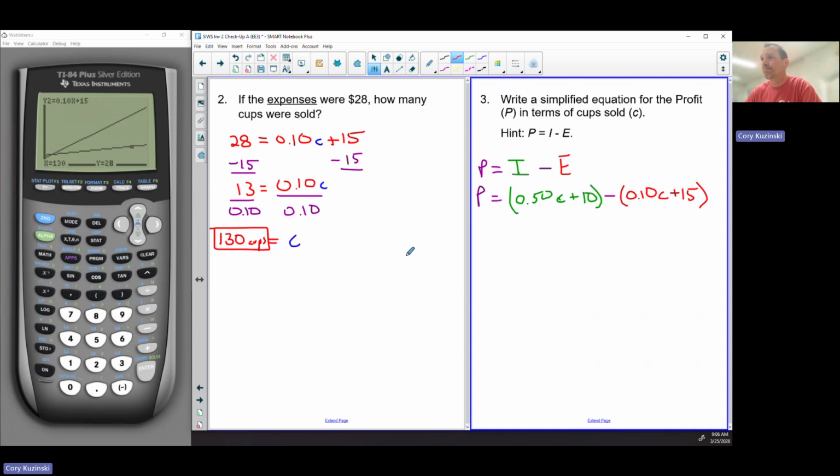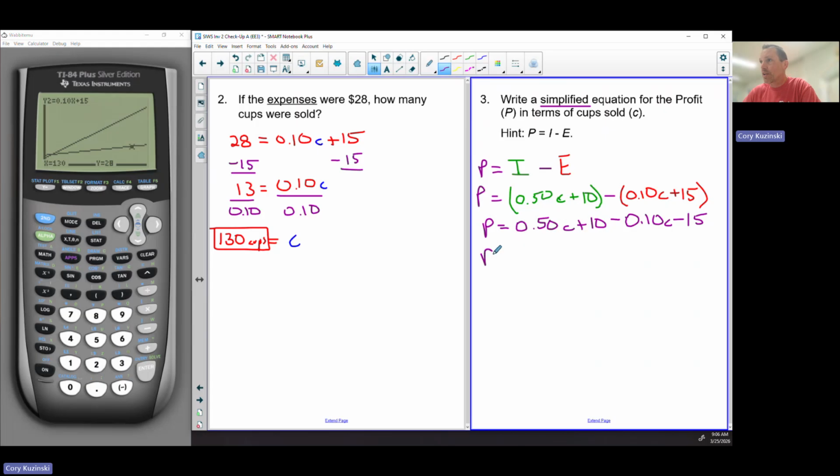We just have to simplify it though. So let's do some distributive property. Nothing changes in this first expression, but we need to subtract the 10 cents per cup that each cup costs us, and we need to subtract the $15 in startup expenses.